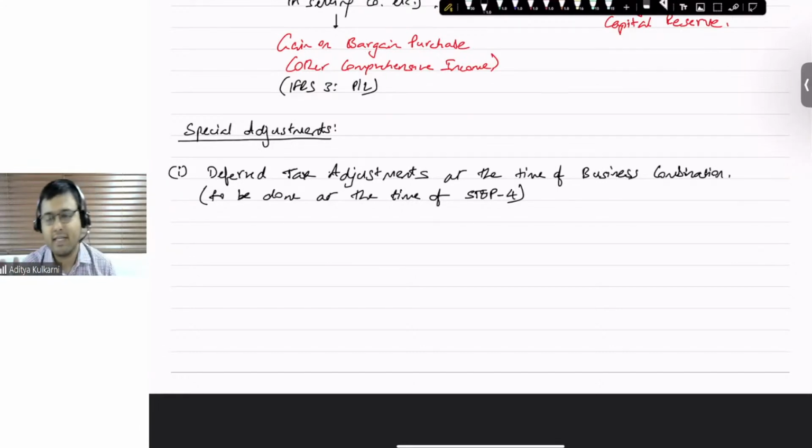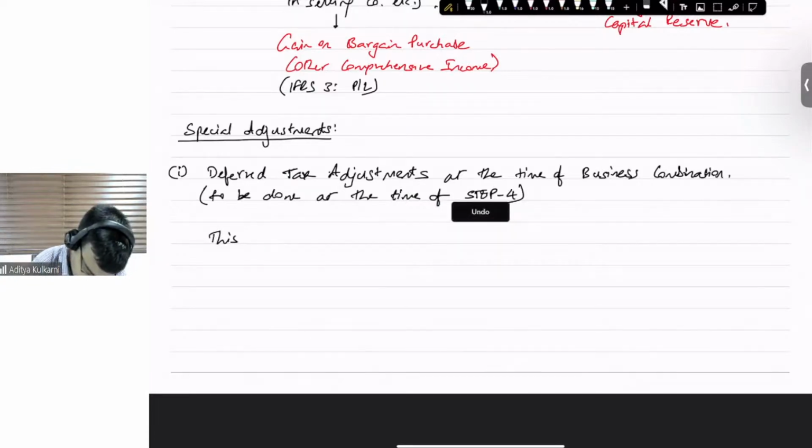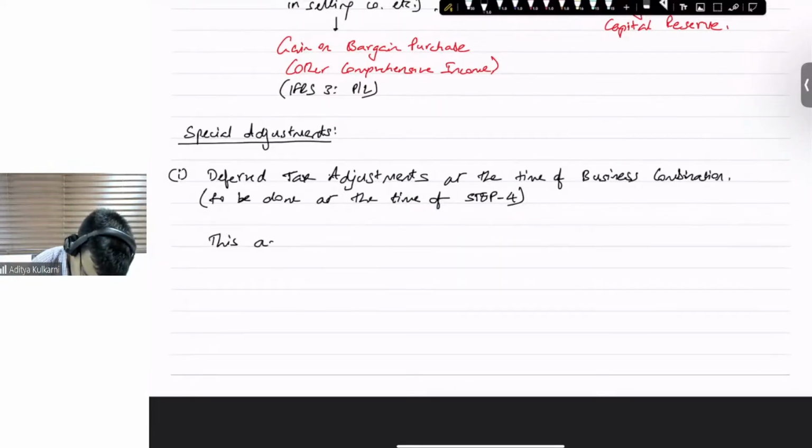If these 2 things are there, understand that this is going to be a deferred tax calculation which you will have to perform. This adjustment needs to be done only if 2 pieces of data are given.